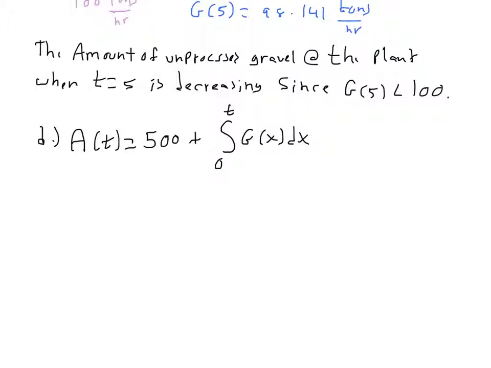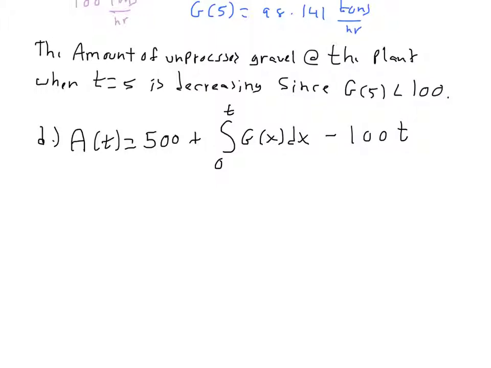But we're also processing gravel, so we have to take into account the 100 tons per hour. So for any value of time, we have 500 that was initially there, plus how much arrives from 0 to whatever value of time we want, minus the 100 tons per hour that we've processed.